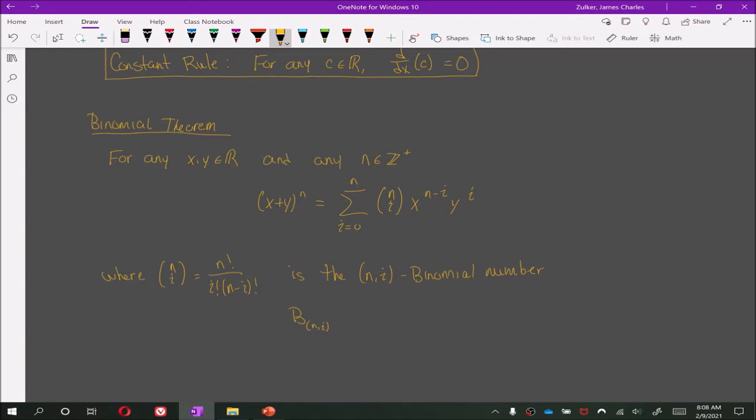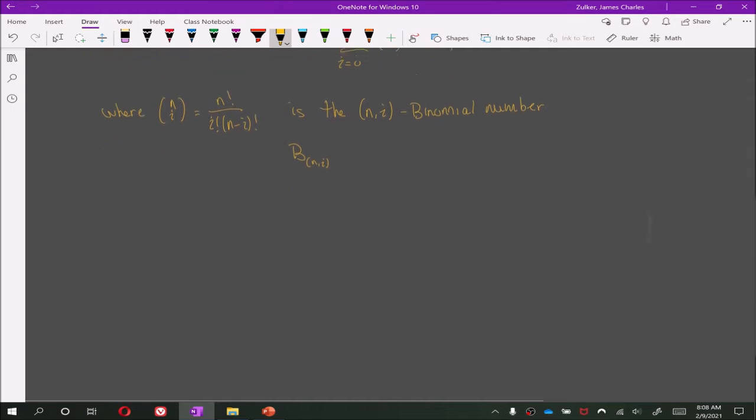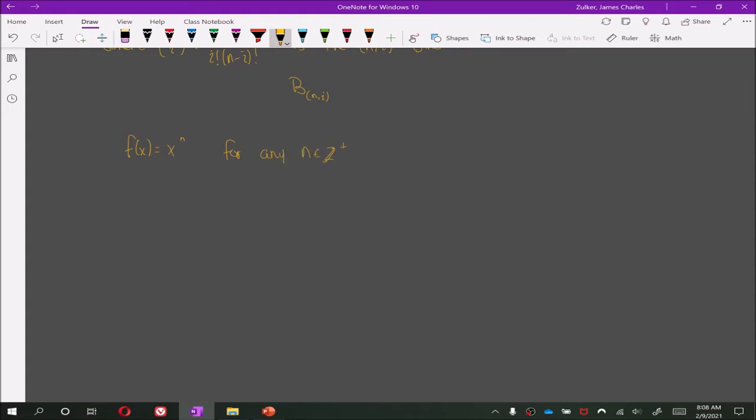With this, we can now consider the function f of x equals x to the n for any positive integer n. Now, it's important to note that while this derivation is only going to be for positive integers, the result holds for any real number n.